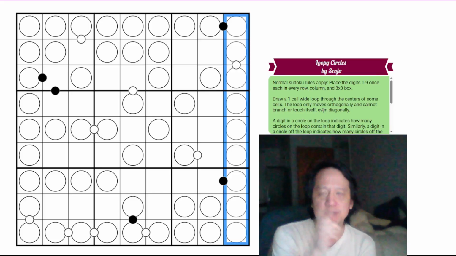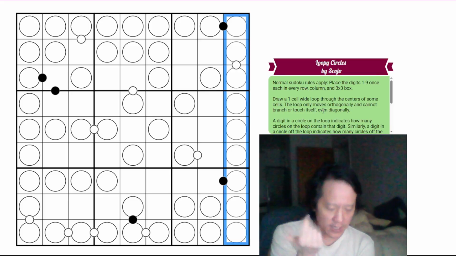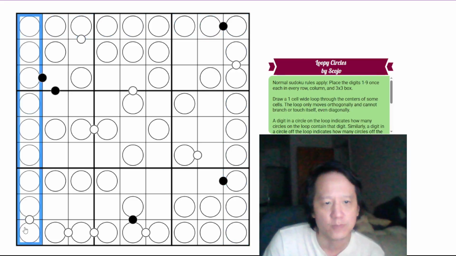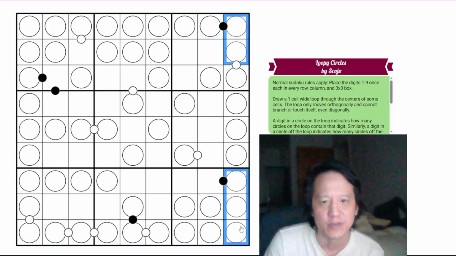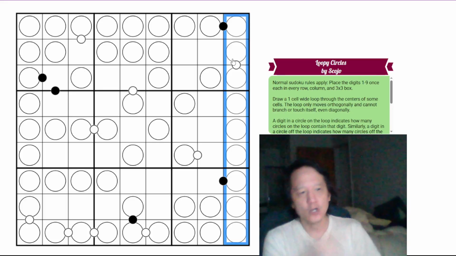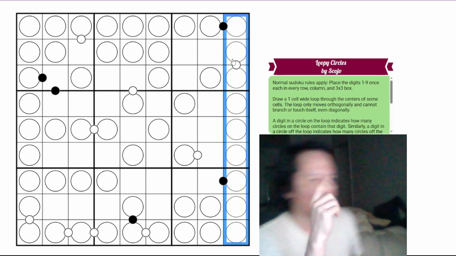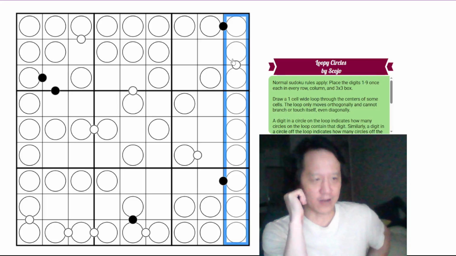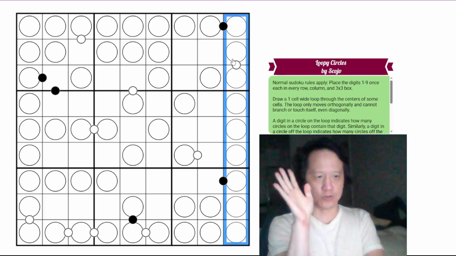And in fact, because we know we have 8 extra circles, because all of row 1, column 1, row 9, and column 9 are filled with circles, every digit is in a circle. We know that means there are at least 45 circles.